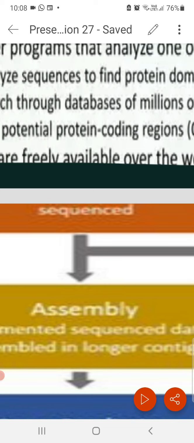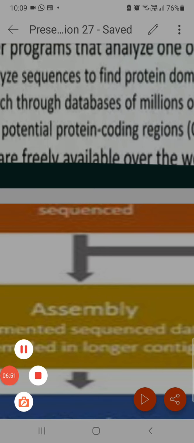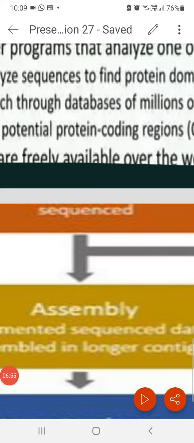Sequencing cannot be done in one step, it is a lengthy and tedious process. So a fragment of DNA or a fragment of protein can be studied at a time. These proteins, or the DNA from which the protein is coded, involve a stepwise process like transcription and translation.